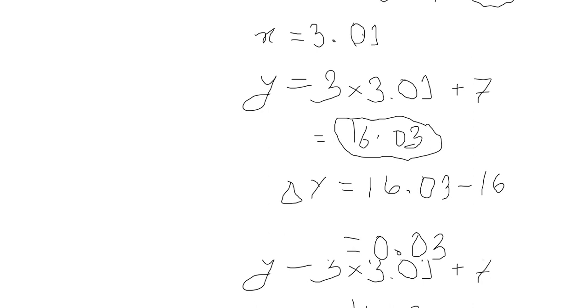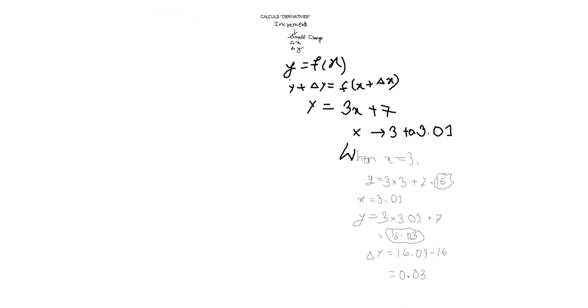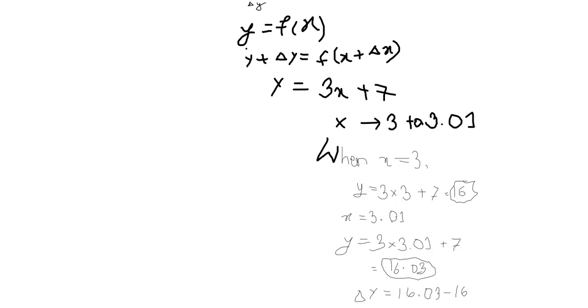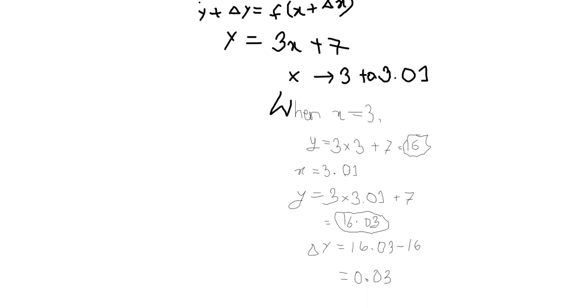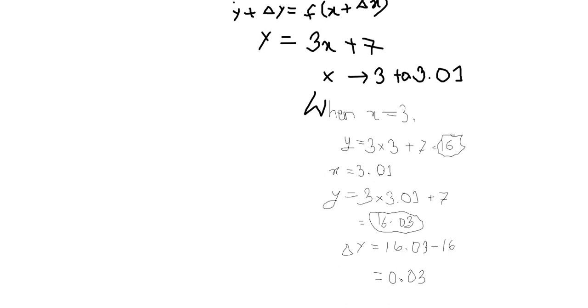This illustrates that if there is a small change in a given variable, then the whole function is going to change, or there is going to be an increment in the function.